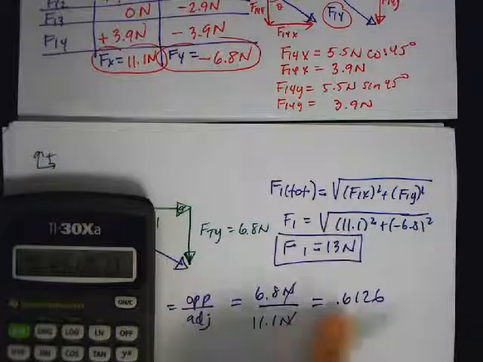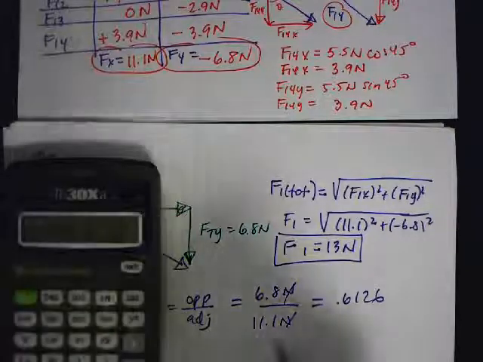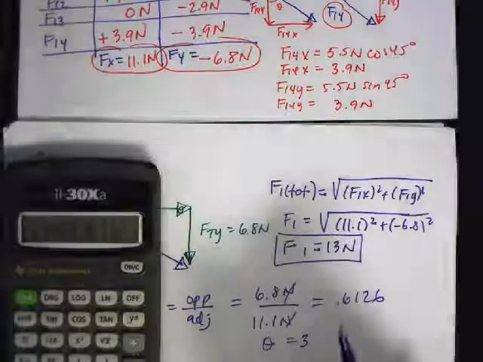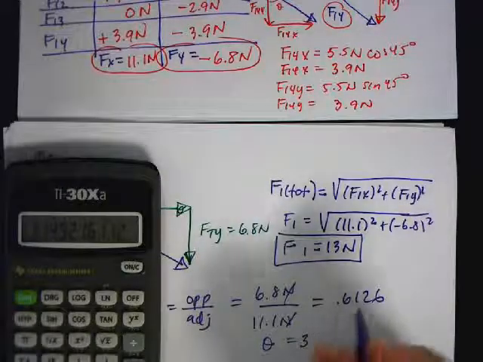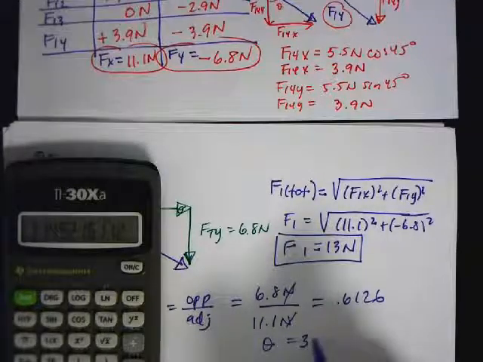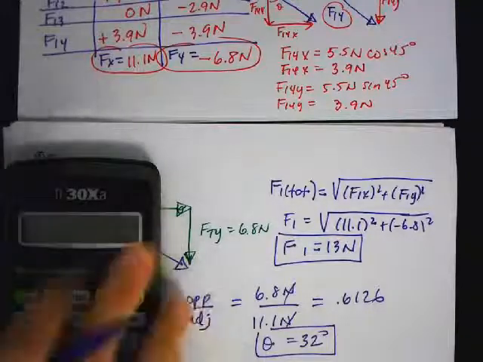I want theta. So now I press second tan, and that angle there comes out to be 31 degrees. Actually comes out to be 32 degrees. Okay. Then I might have put an extra digit in there.